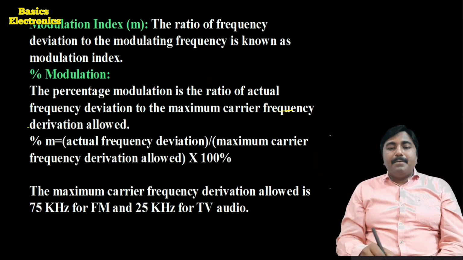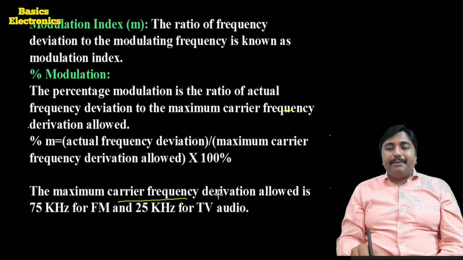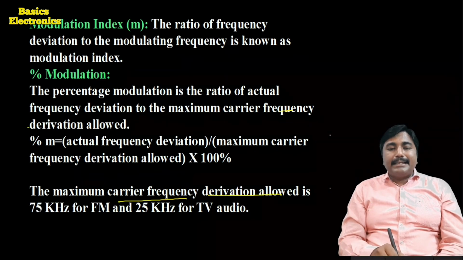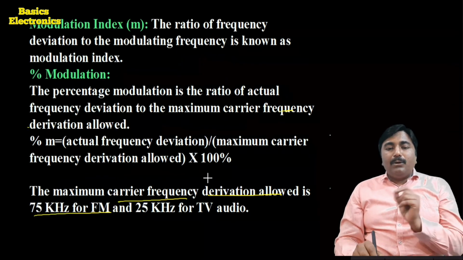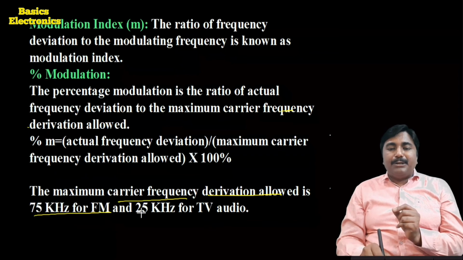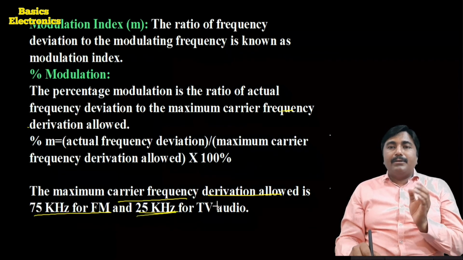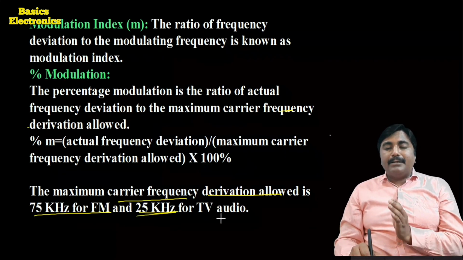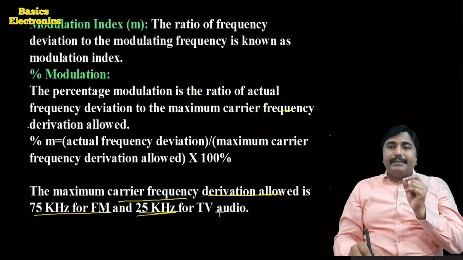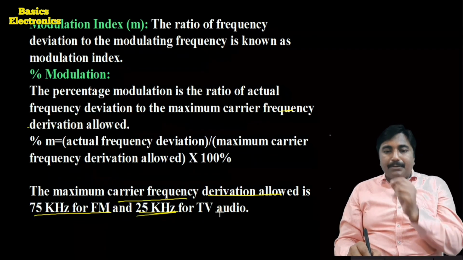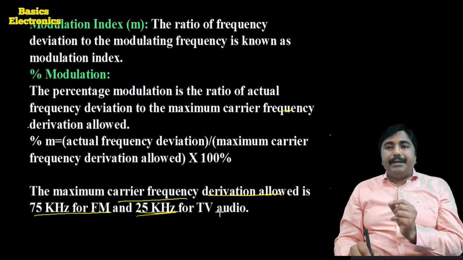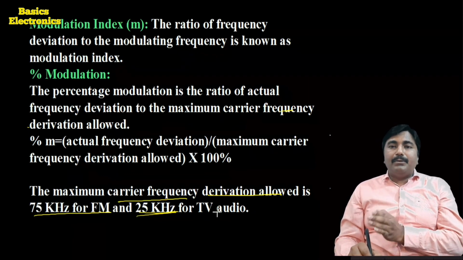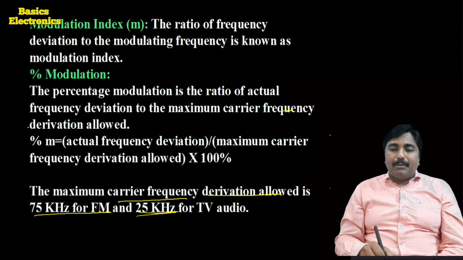The maximum carrier frequency deviation allowed is 75 kilohertz for FM and 25 kilohertz for the television audio signal. Actually, the television video is in amplitude modulation, but the audio is in frequency modulation.